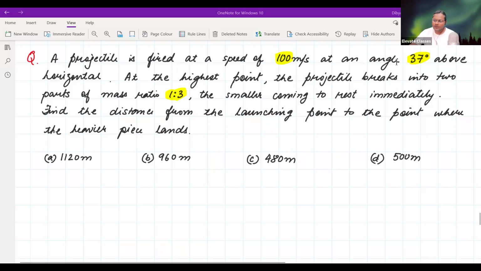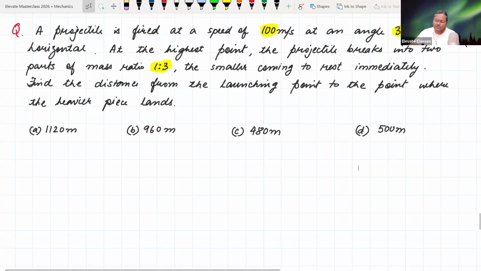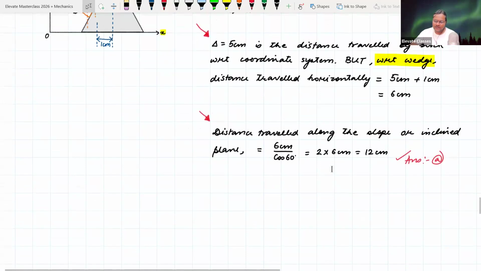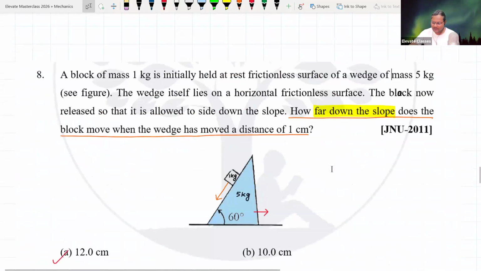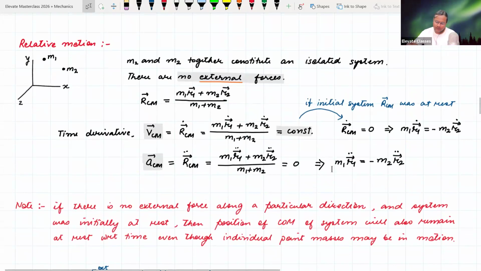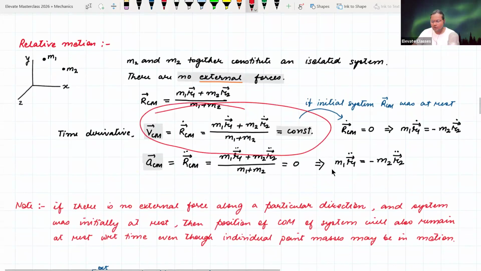Yes, correct. So in the questions we did earlier, we assumed that the overall system was initially at rest. But I told you at the start that if the external forces are zero, then the velocity of the center of mass is constant. So the center of mass motion will replicate the motion of the projectile, because the center of mass velocity is a constant of motion.